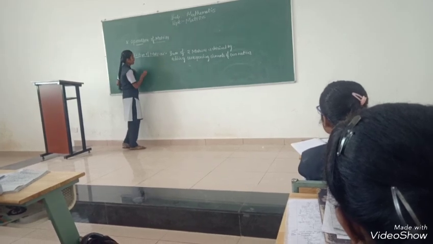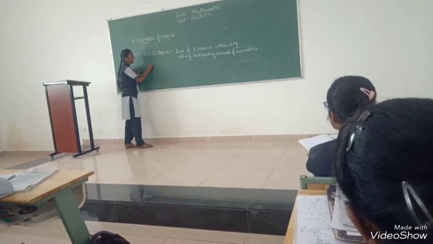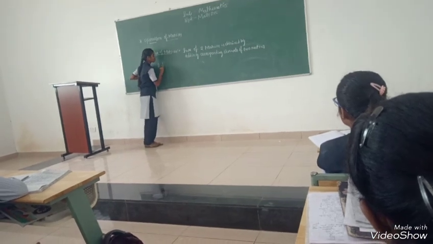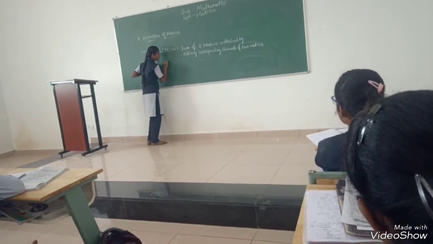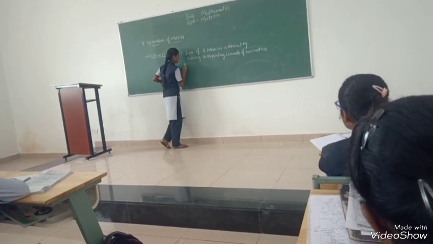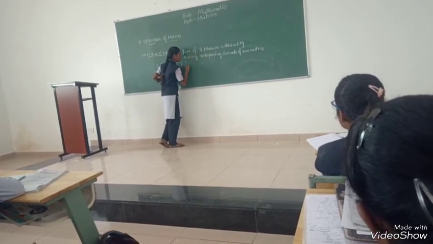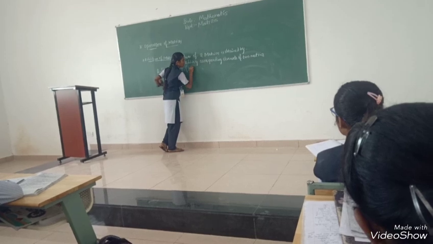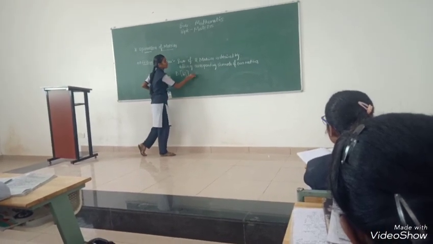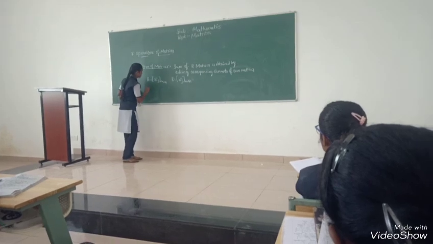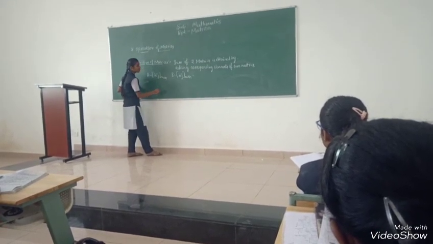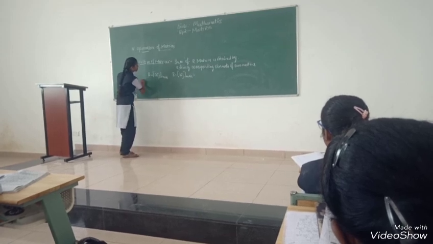Matrices are denoted by capital letters. So A is equal to Aij of order n by n, and matrix B is equal to Bij of order n into n. Let's take a 2 into 2 matrix as the general form.